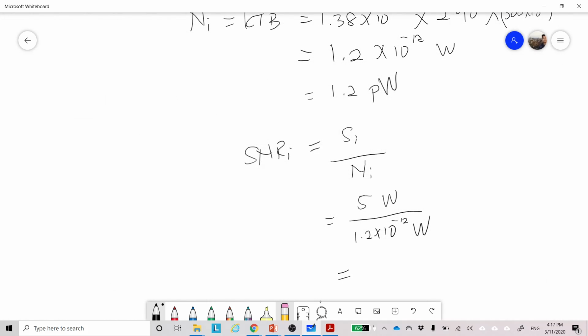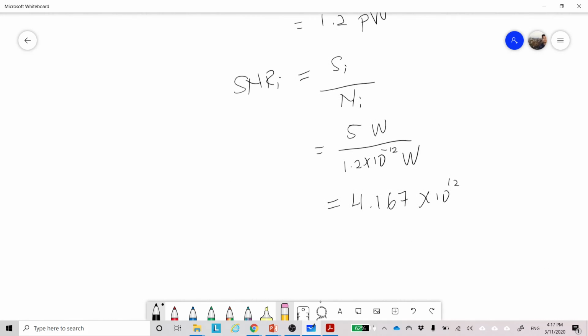You akan dapat 4.167 kali 10 kuasa 12, no unit.